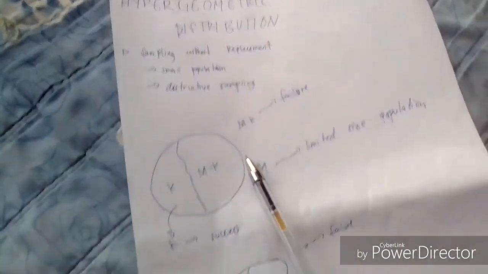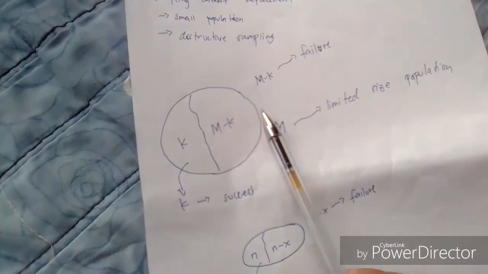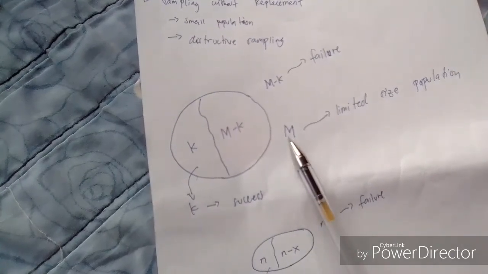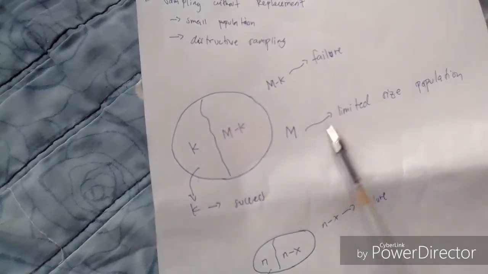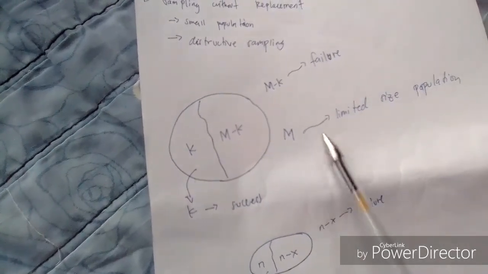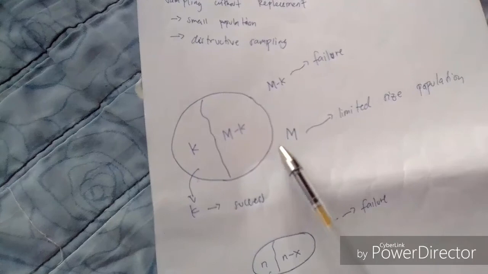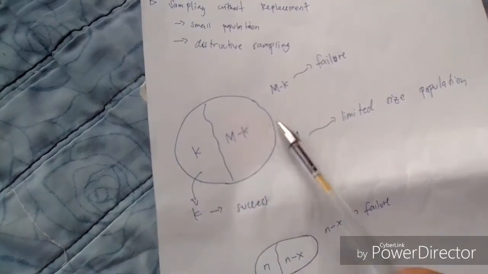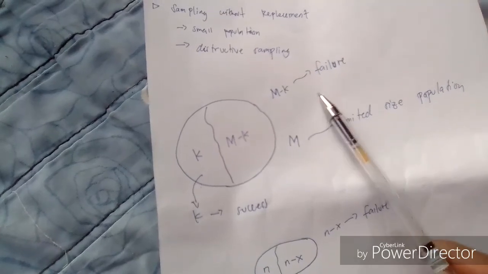For example, if we have an illustration here which indicates our M, which is our limited size population, and in every trial has only two outcomes, which are K successes and M minus K failures.